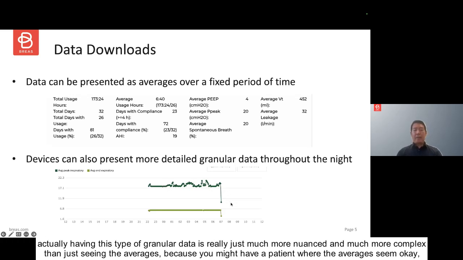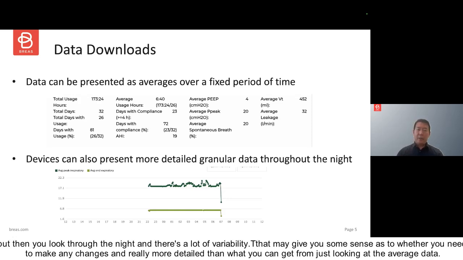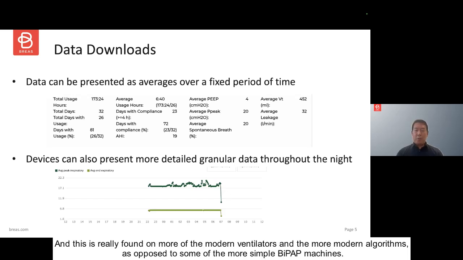Having this type of granular data is much more nuanced than just seeing the averages, because you might have a patient where the averages seem okay, but then you look through the night and there's a lot of variability. That may give you some sense as to whether you need to make any changes, and it's really more detailed than what you can get from just looking at the average data. This is found on the more modern ventilators and algorithms, as opposed to some of the more simple BiPAP machines.